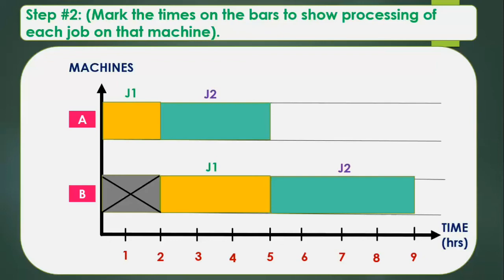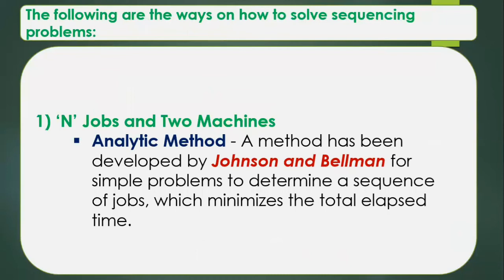Since we need another method without drawing charts, unlike what we did earlier with the Gantt chart, now we will look at the analytical method. The analytical method was developed by Johnson and Bellman for simple problems, to determine a sequence of jobs which minimizes the total elapsed time.